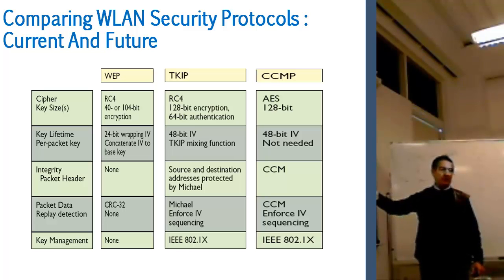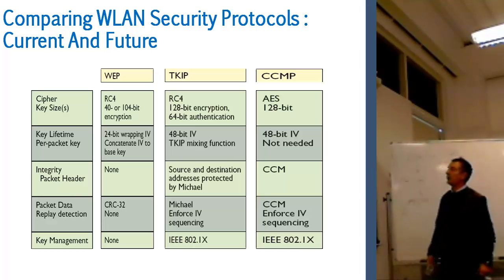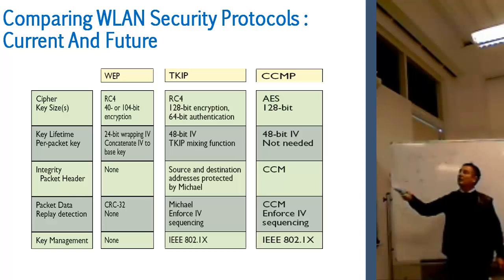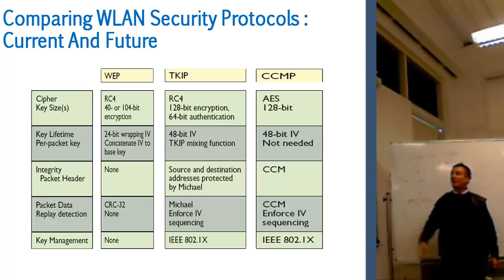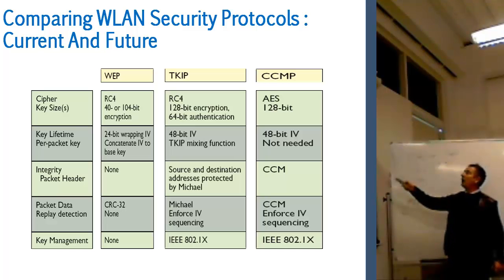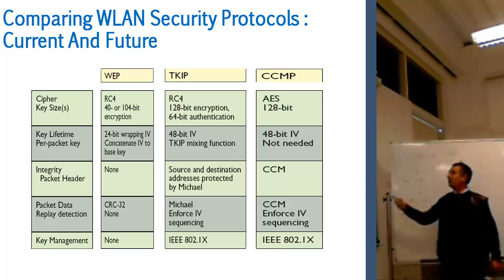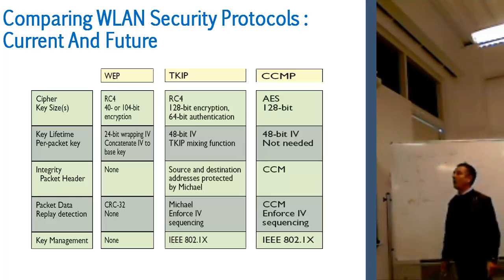Key lifetime, in other words per packet key: 24-bit wrapping IV, concatenated to the base key to make the key a little bit longer. In TKIP, 48-bit IV, sequence number, in the mixing function. And over here, 48-bit IV, but no mixing function. We don't need a mixing function at all.